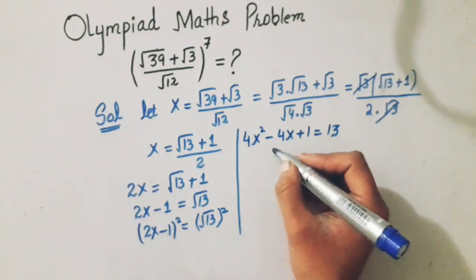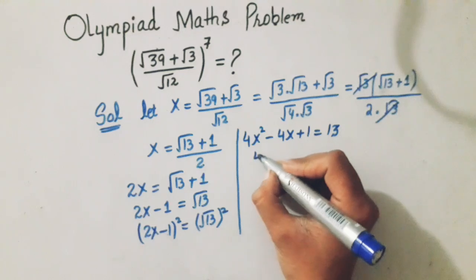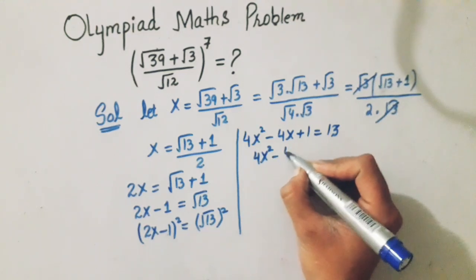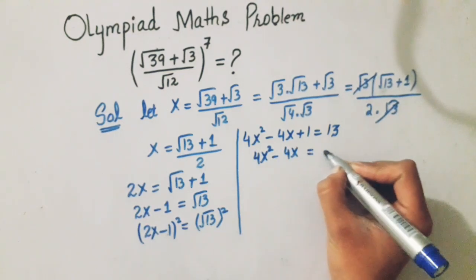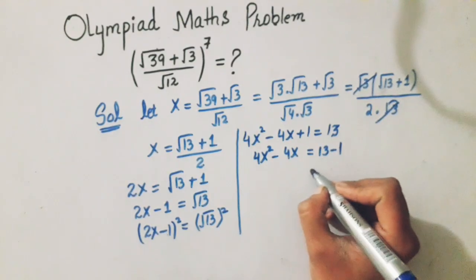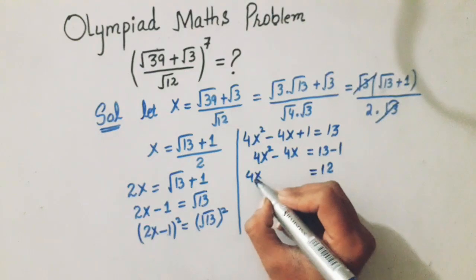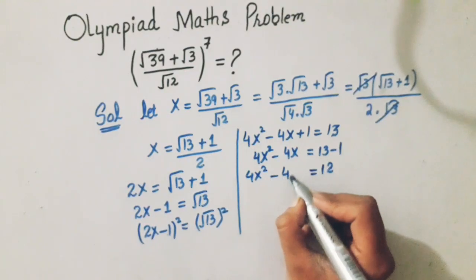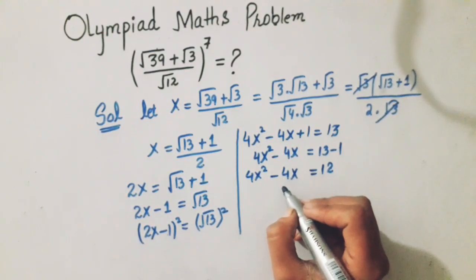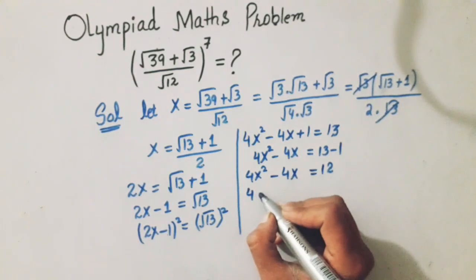Then this will become 4x square minus 4x plus 1 equals 13. So we get 4x square minus 4x equals 13 minus 1, so that is 12. So 4x square minus 4x. Now we will solve this further as we can take 4 as common from this.